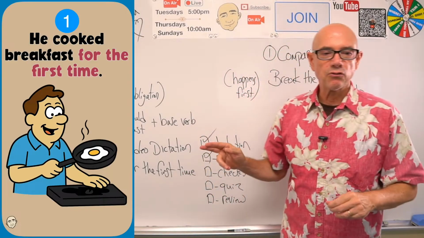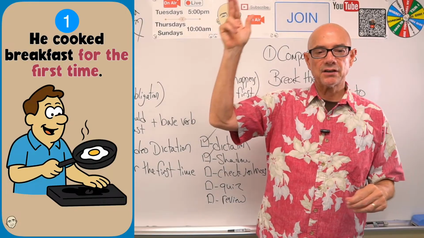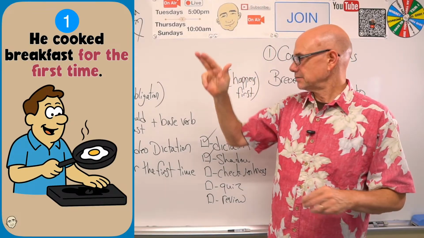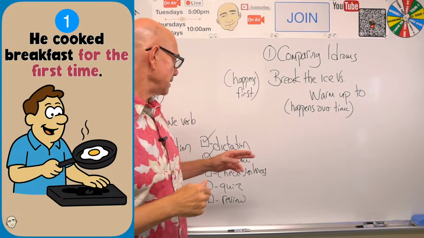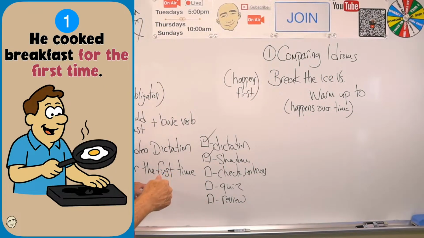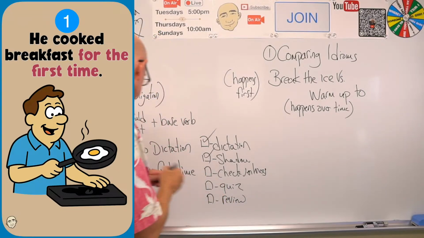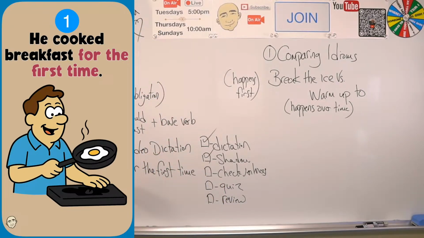So Ruth, for the first time. So that's our topic. Okay, that's what we're looking at. So our pattern is subject plus verb plus object, the thing, and then for the first time.